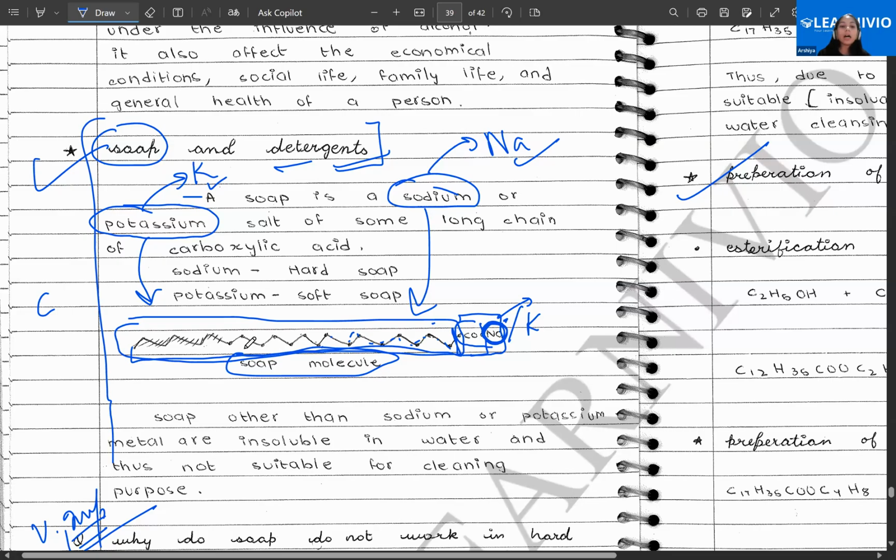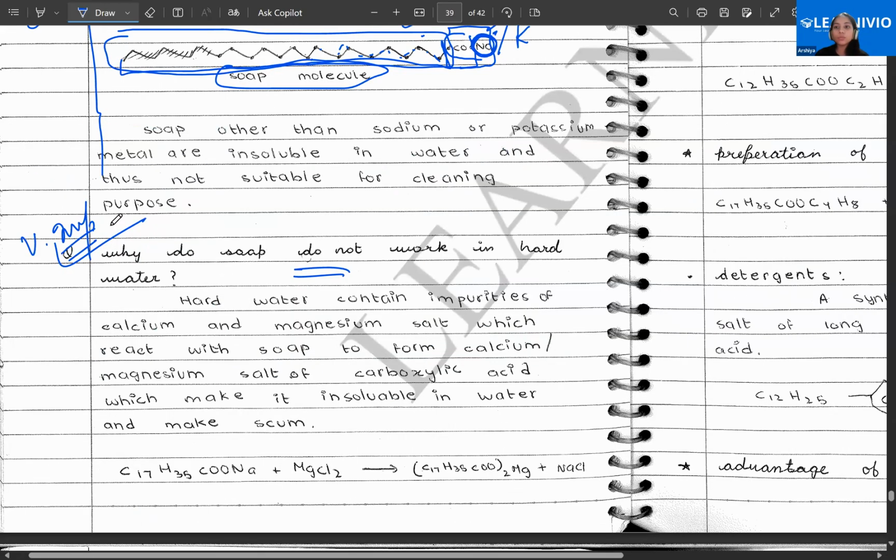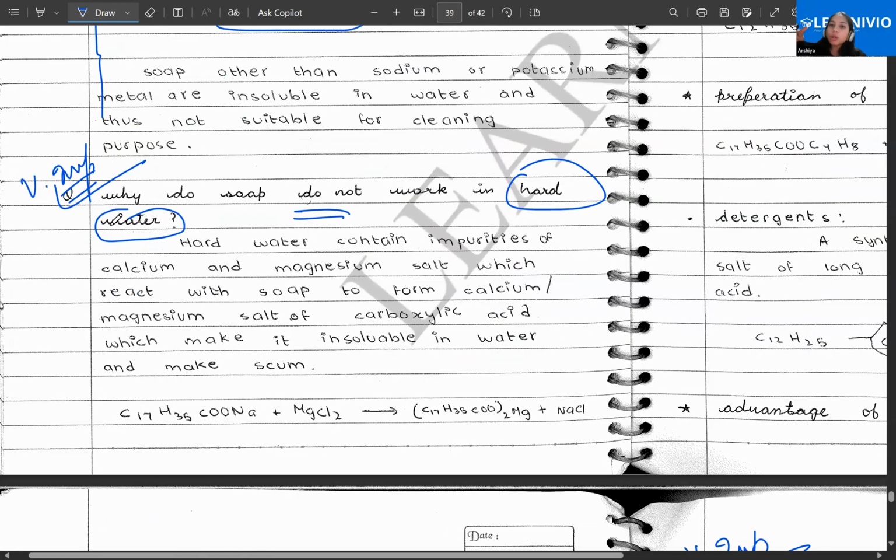Now, hard water. Do you know what hard water is? No. Okay, so basically, hard water is something that comes from our tap, the tap water. What happens in hard water is there are metals, not as in something solid, but there are metals mixed in it.